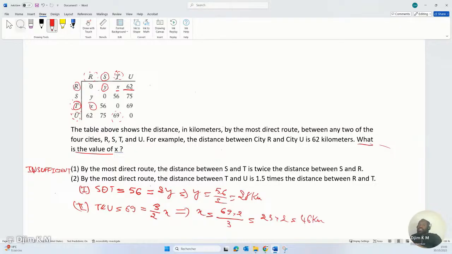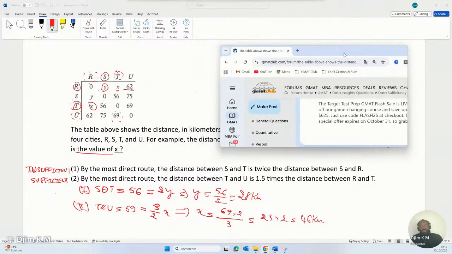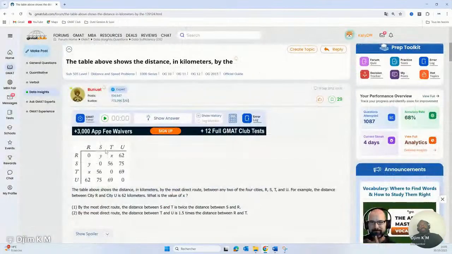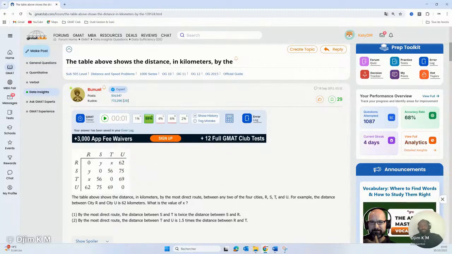So here we have the value of X. So this is sufficient. Okay. So answer B. Let's move on to the next question.